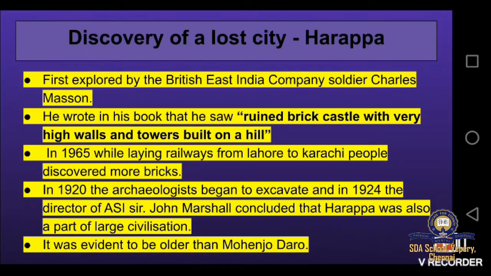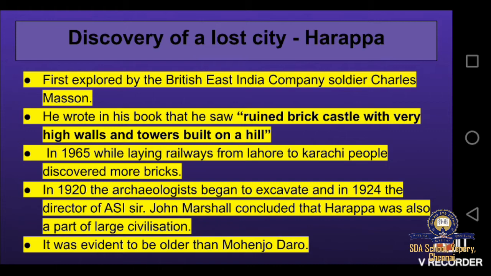The discovery of a lost city, Harappa. Harappa is also an oldest civilization, and it was first discovered by the British East India Company soldier Charles Mason. Charles Mason was a writer too.